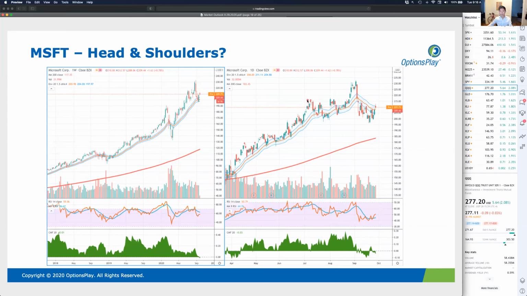If you look at names like Microsoft, we're starting to see what looks like, similar to what I showed you in the equity markets, the start of a head and shoulders formation, where we're approaching this 218 shoulders line, where the question is whether or not these names will hold these levels as resistance and potentially start to roll over, especially if you see a break back below the 200 level. That certainly starts to put some of these big tech names under pressure. But if you see a breakout above this 218 level, that really resumes this bullish trend for technology. So we are at the cusp of this 215, 218 level in a lot of major names.